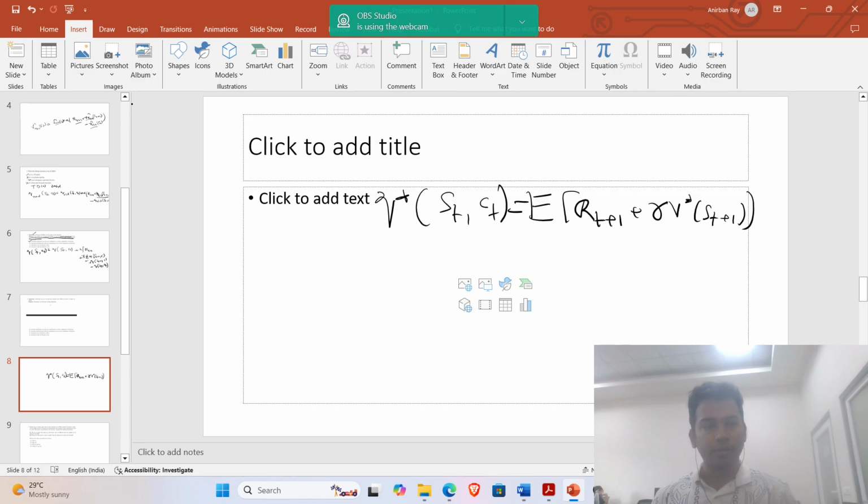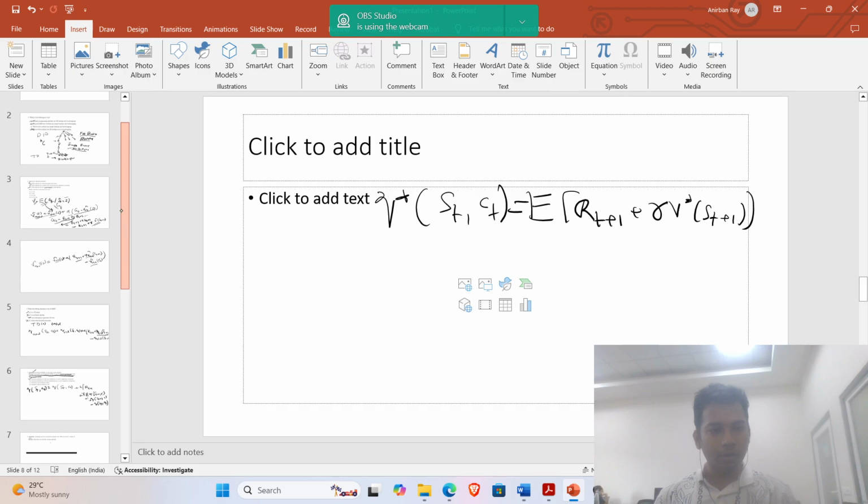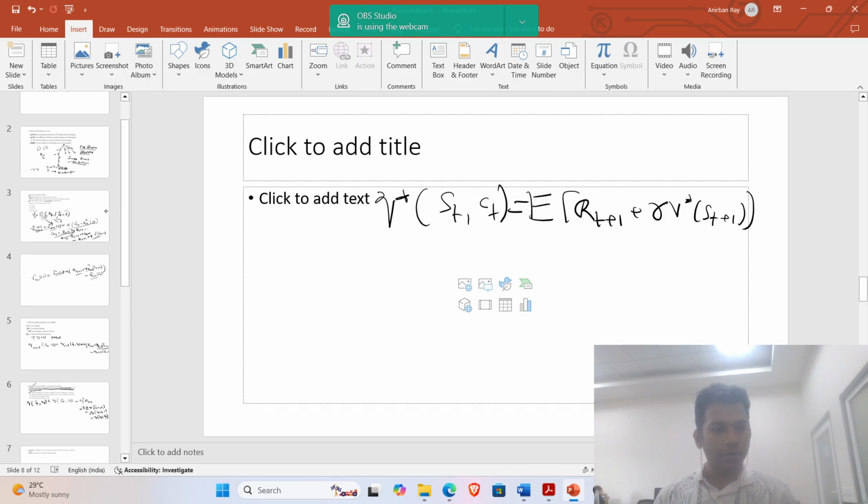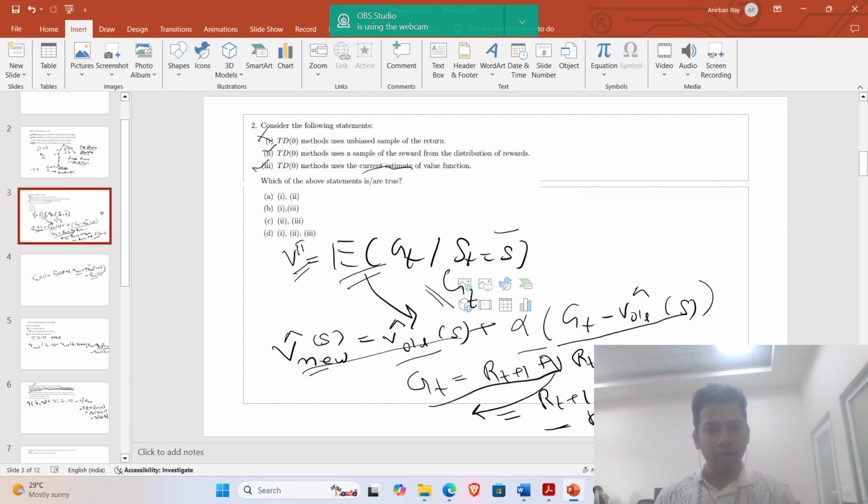If you can remember, here we've used a similar formulation, but you can see that we are not calculating the optimal return here, but just the return for that state at that time. So this was replaced with a v cap of s_{t+1}.